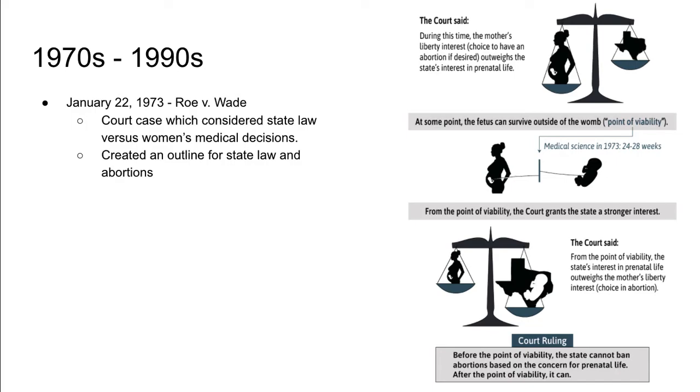Around the second trimester, or kind of getting into weeks or months 3 through 6 of a pregnancy, it's going to be a conversation with the state and the mother, where a state can determine up to that point what the law is going to be, but the woman still has a voice.